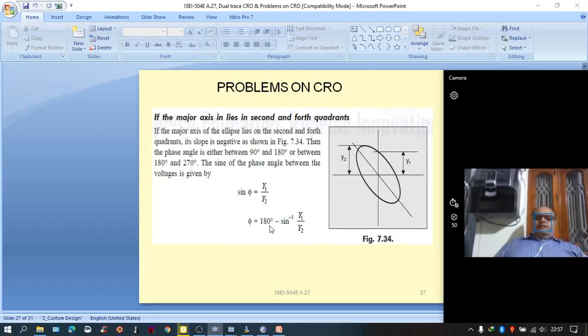But the original angle is this portion. If we assume this to be theta, the actual angle phi is 180 degrees minus sine inverse of y1 by y2, and this angle would generally be negative.